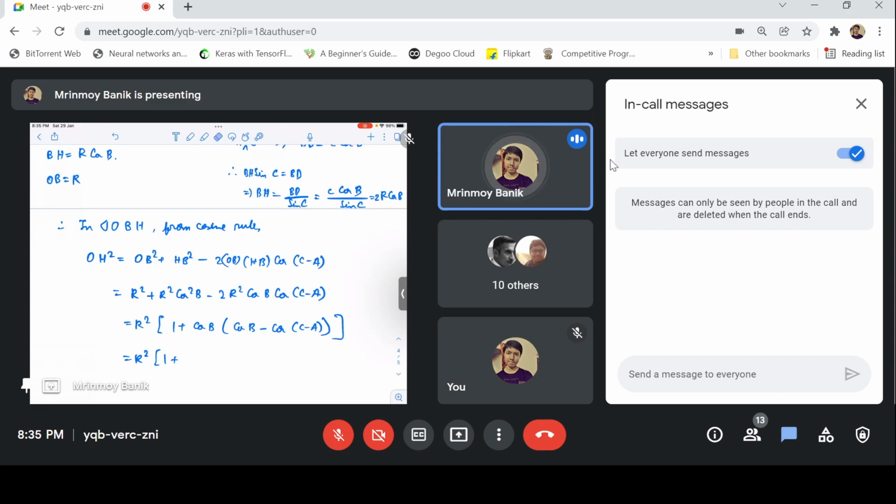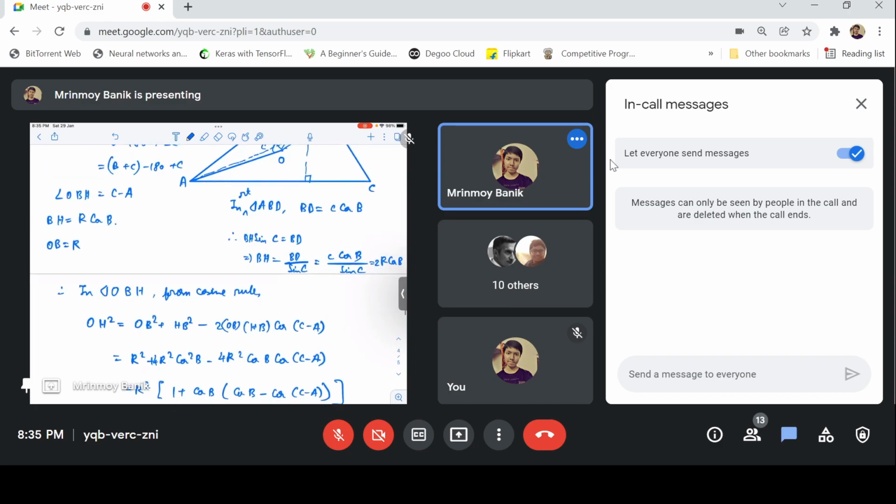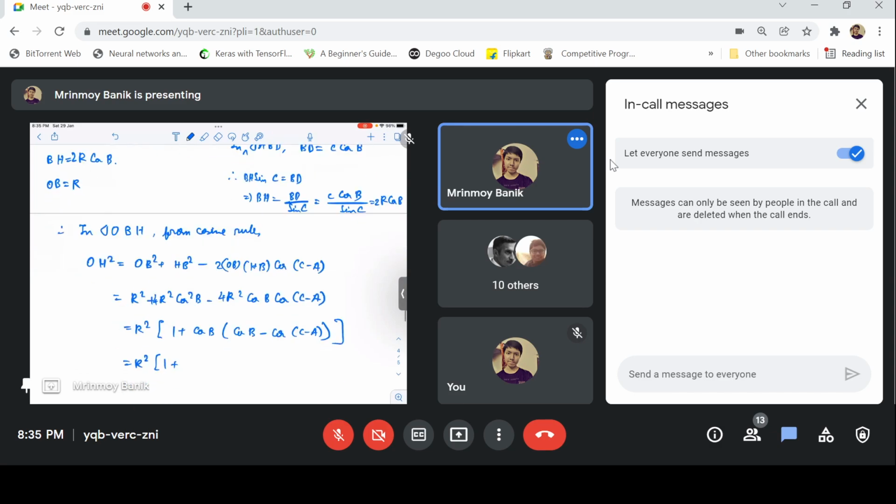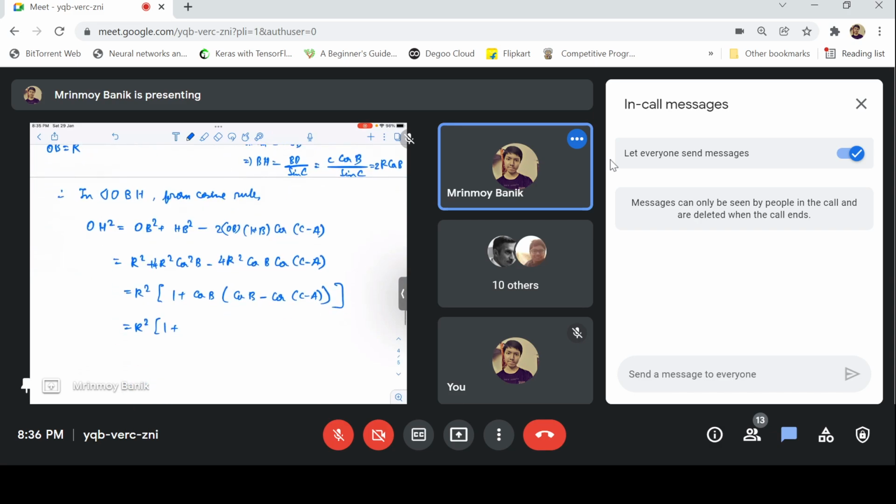So here it will be 4. Here also 4. So 4 cos B times.